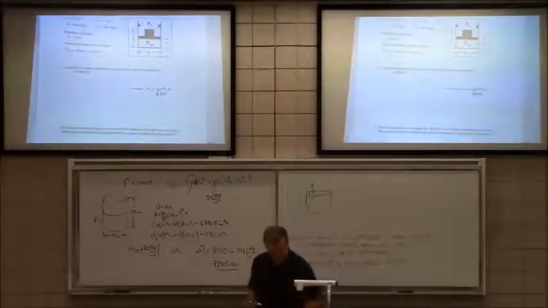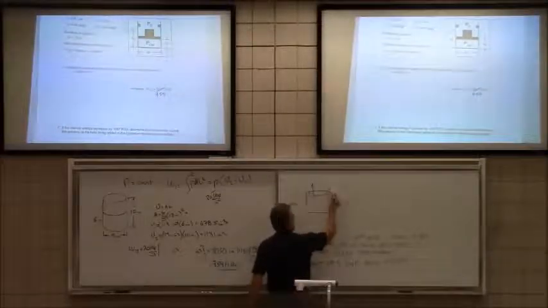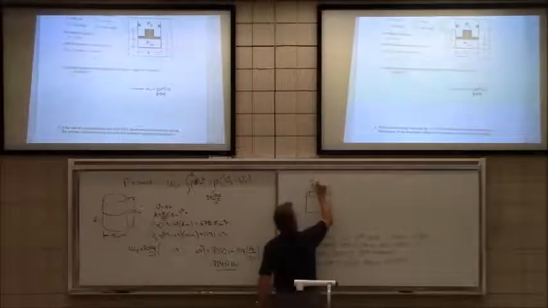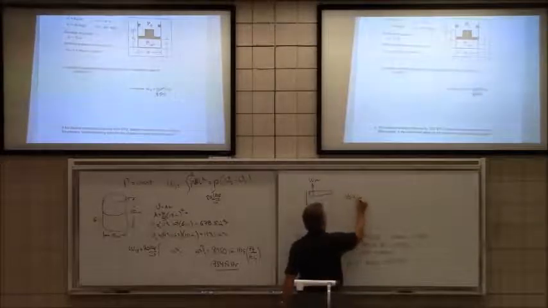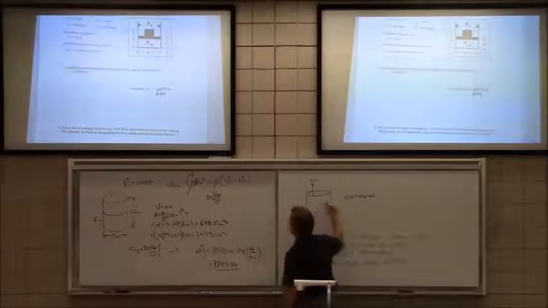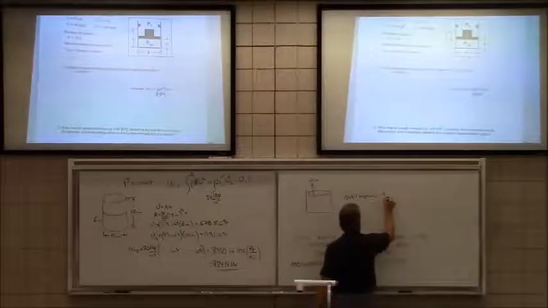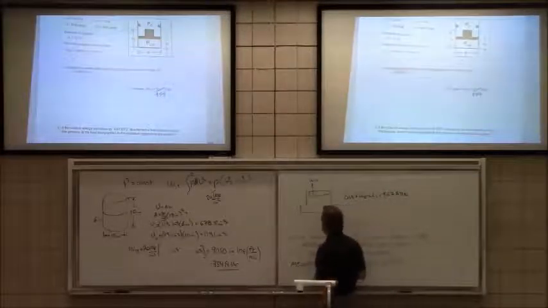Now, the internal energy is increasing. We know the work out, delta U, which is U2 minus U1, is increasing by 9.67 BTUs.